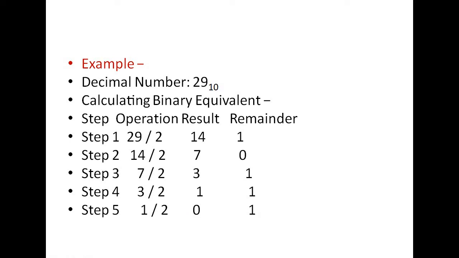Okay. So when I write the result, I can write it in reverse order, that means from bottom to top: 1 1 1 0 1. This is the result, from bottom to top, 1 1 1 0 1.